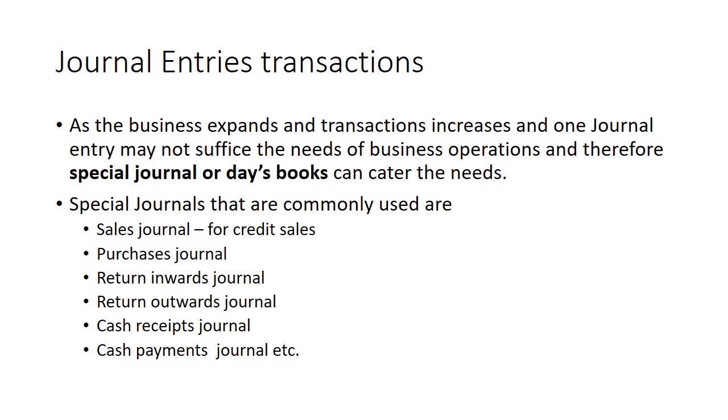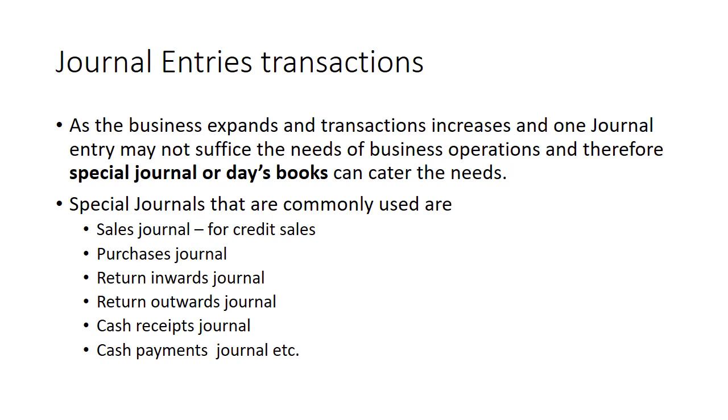As the business expands, a single journal cannot suffice for the needs of the business, and therefore there is a need for special journals or special daybooks to facilitate the smooth operation of the business.